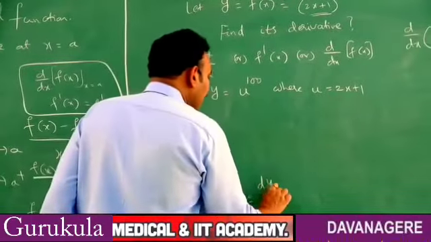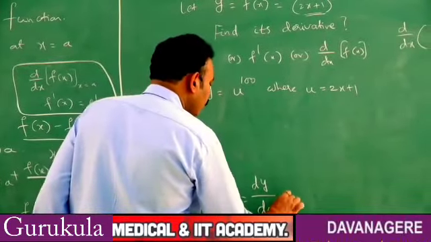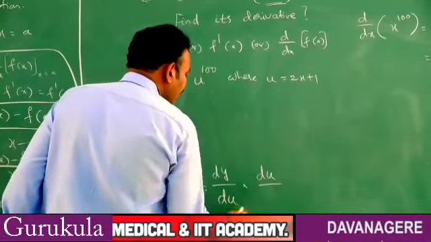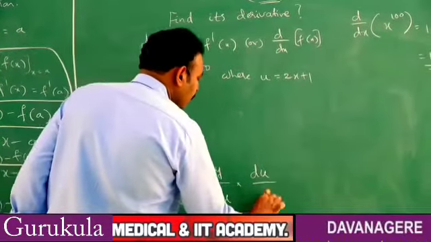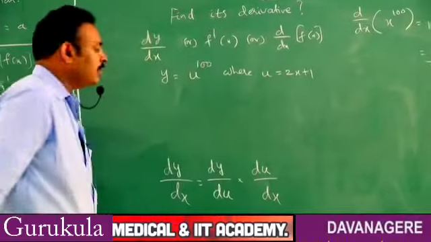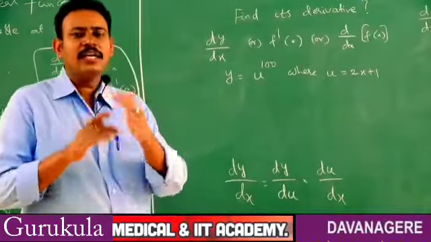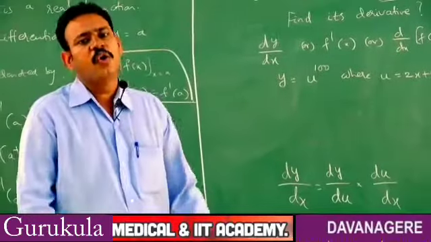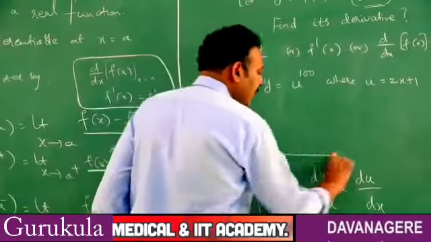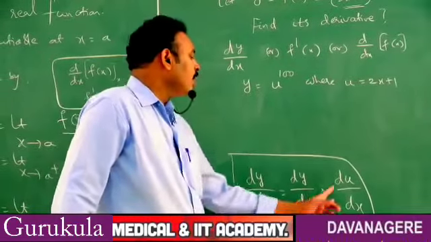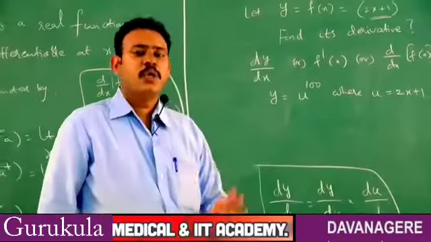Dy by dx can be written as dy by du into du by dx. That is called the chain rule.